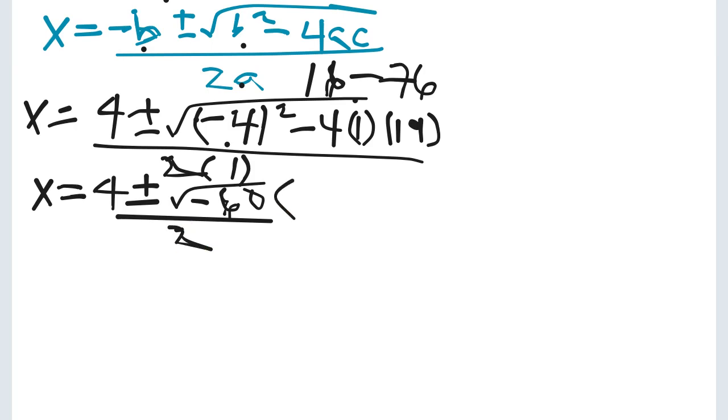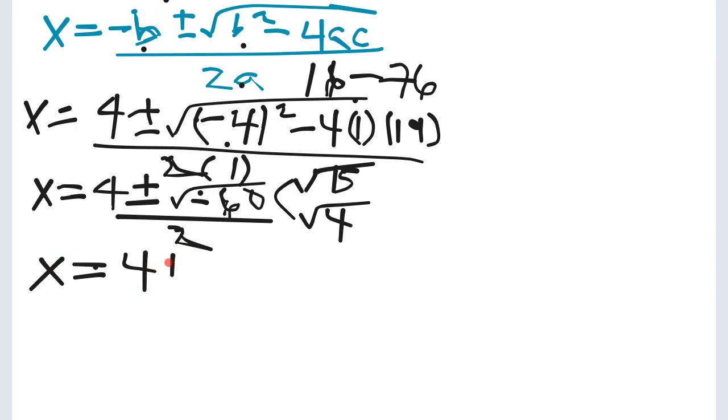Break down 60 to the square root of 4 times 15, and the negative becomes your i. So x equals 4 plus or minus the square root, and before we take the square root, make sure to change the negative to an i.